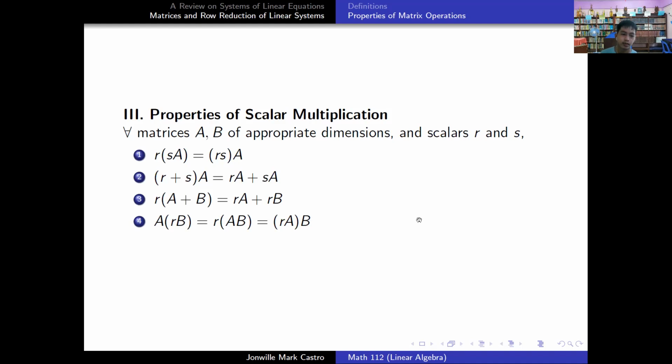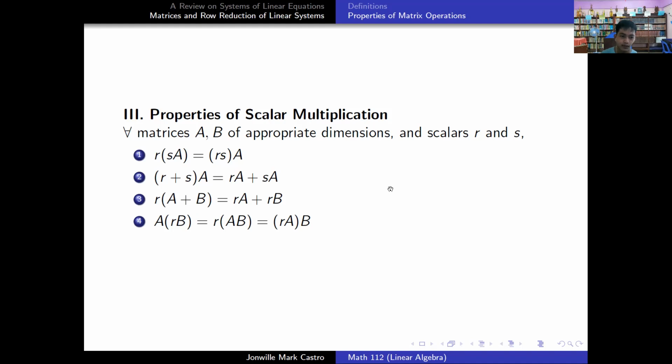Next, scalar multiplication. We have the following properties. Again, if we multiply by scalar, we have two scalars. We can multiply the two scalars first before multiplying it to the matrix. Then we have distributive property. We can distribute the matrix to the scalars, or we can distribute the scalars to the matrices.